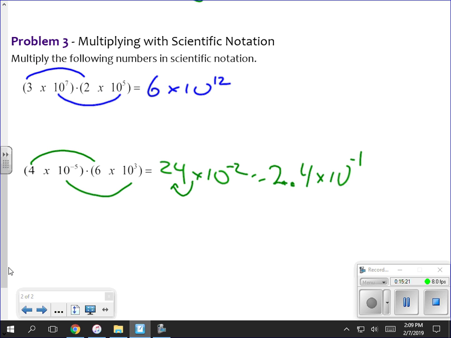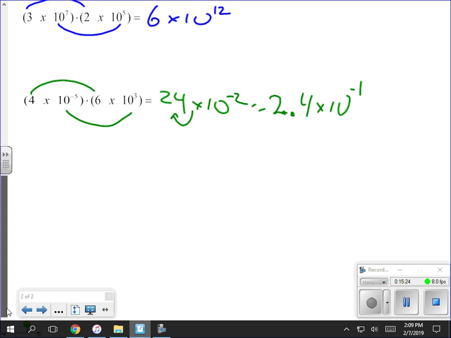Okay. Now you don't have any more in your notes, but I do want to do an example to help you understand how to do your homework. Okay. So I'm going to do a sample homework problem here.